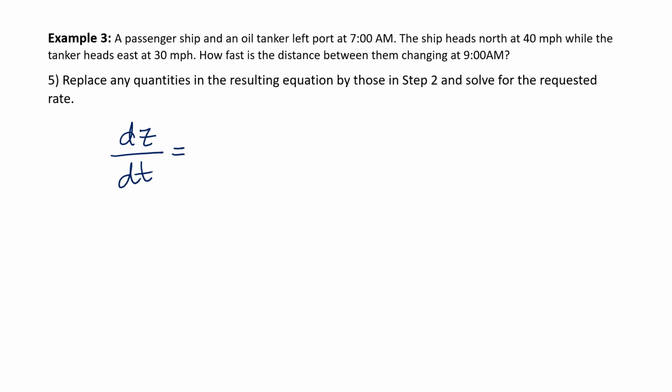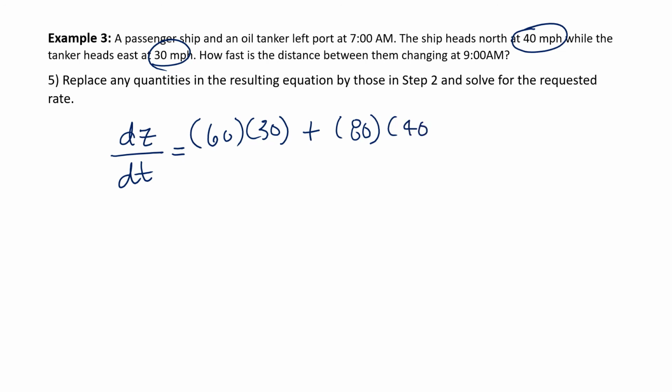x, that was the distance of the tanker 2 hours later, and that was 60. dx/dt, it was traveling at 30 miles per hour. The y is the distance 2 hours later of the passenger ship, which was 80 miles, and it was going north at a rate of 40 miles per hour.